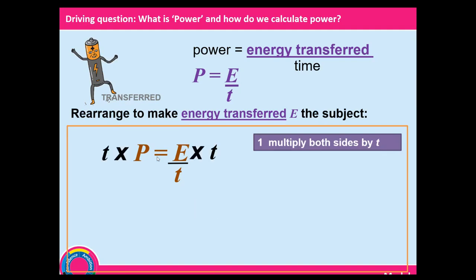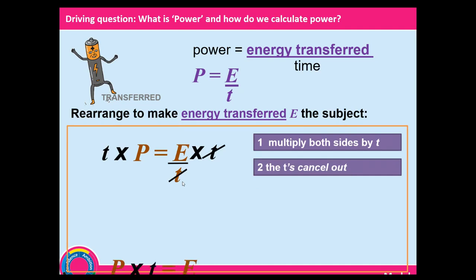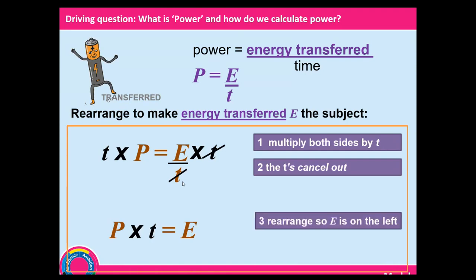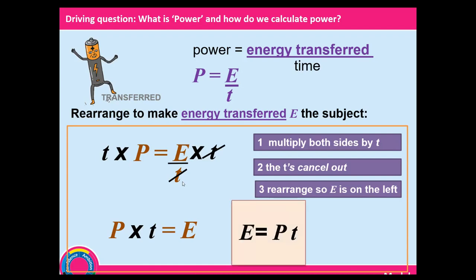Right. So now we've got T in the numerator and T in the denominator on the right-hand side. These two T's will cancel out. So then we are left with P times T equals E. We just rewrite the equation such that the E is on the left-hand side, so it's E equals PT.